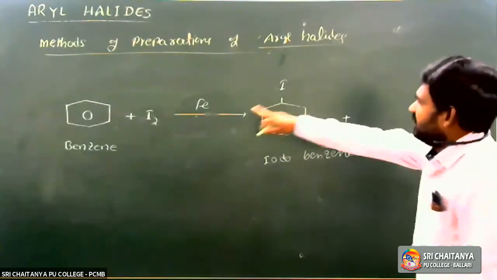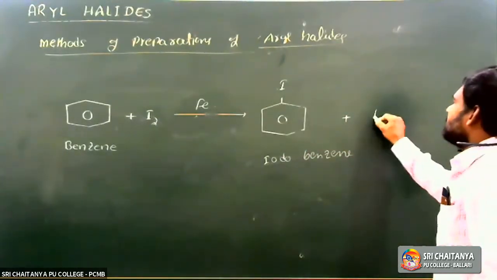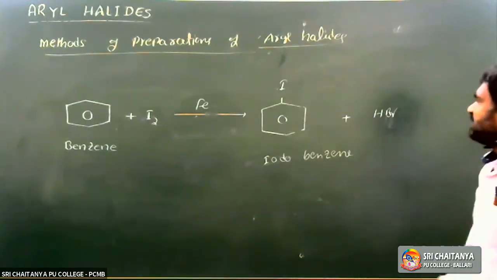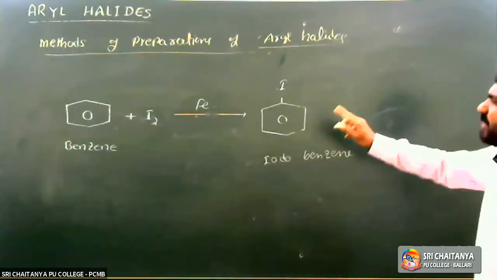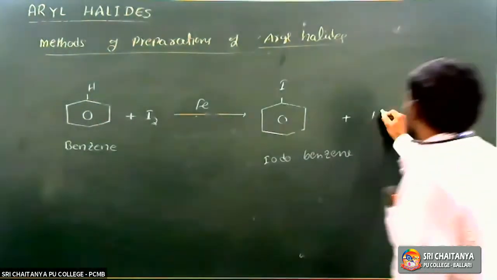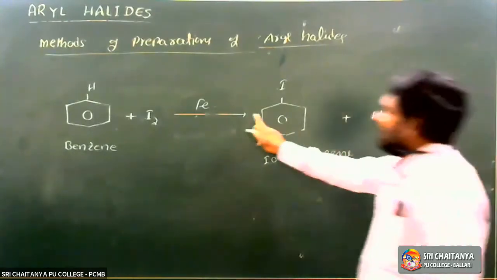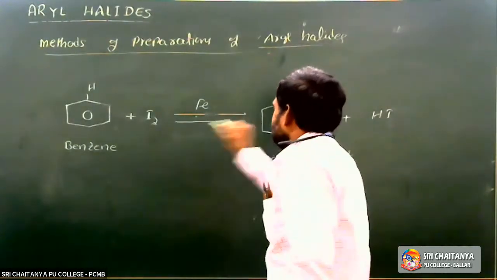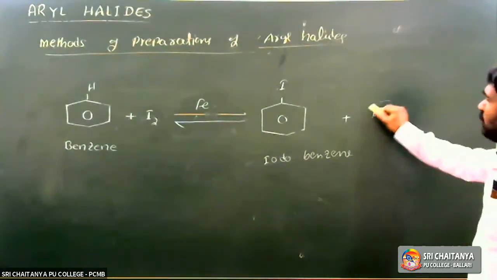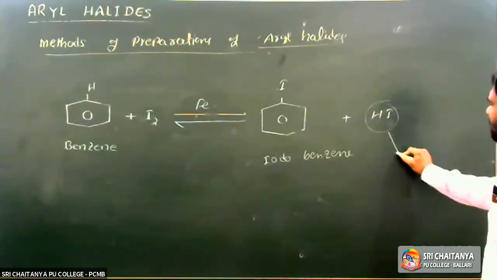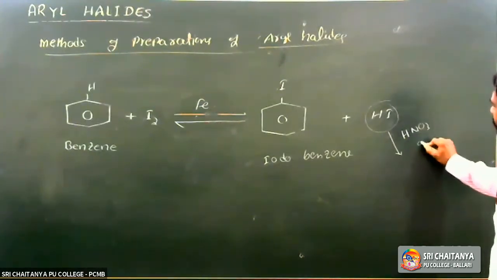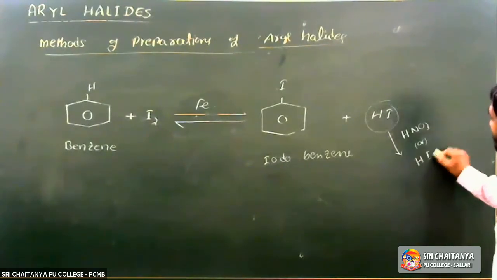The byproduct in the preparation of chlorobenzene is HCl. In the preparation of bromobenzene, HBr is the byproduct. Here, what is the byproduct? HI is the byproduct, and it is a reversible reaction. So to remove this HI, it is immediately treated with nitric acid or iodic acid, HIO3.